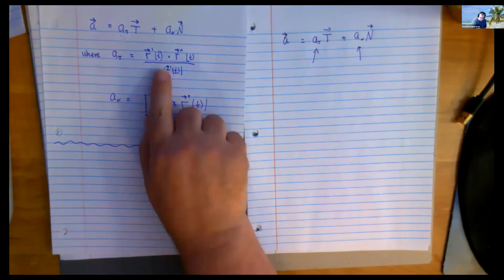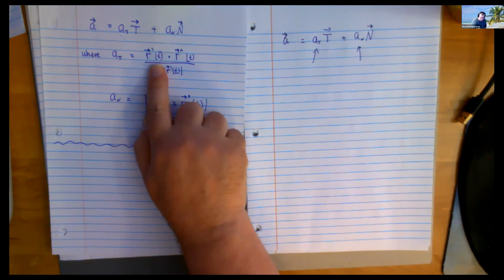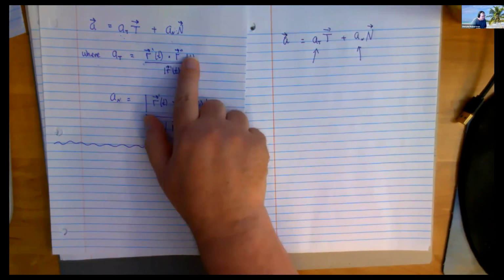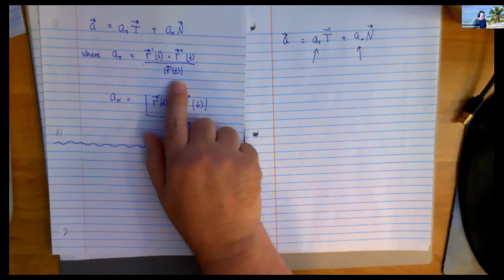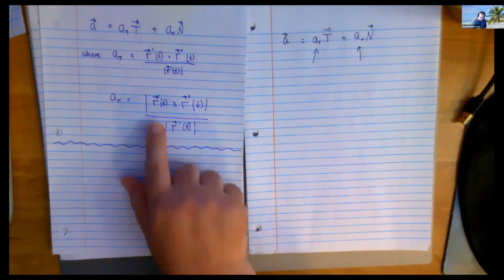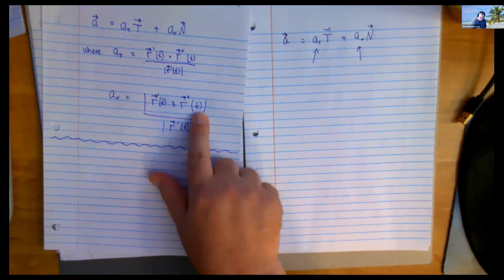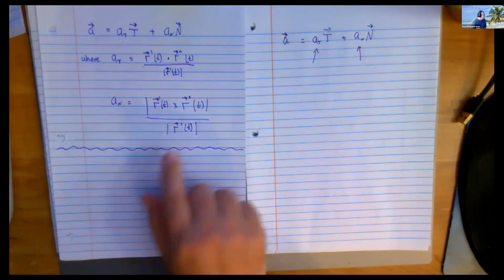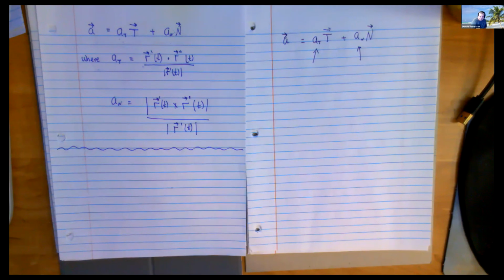This one says first derivative dot product with second derivative divided by the magnitude of the first derivative. And this one is the magnitude of the cross product divided by the magnitude of the first derivative. And I believe if you go into the book, you can actually see the proof of that.